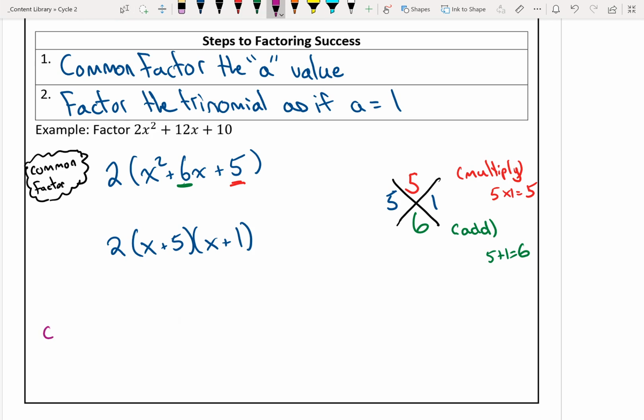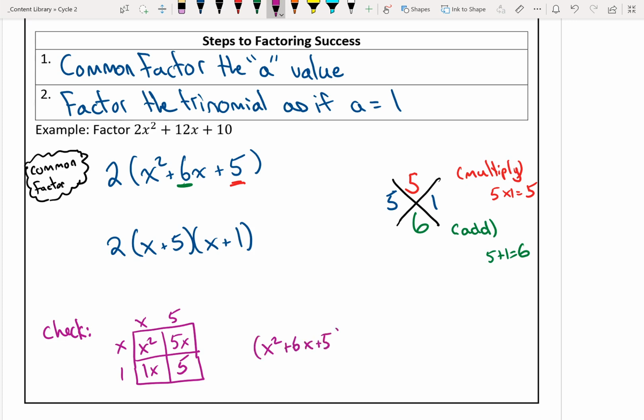If I want to check my answer, I can do the same thing with multiplying. I'm going to multiply my two sets of brackets. So x and 5, x and 1, get x squared, 5x, 1x, and 5, which becomes x squared plus 6x plus 5.